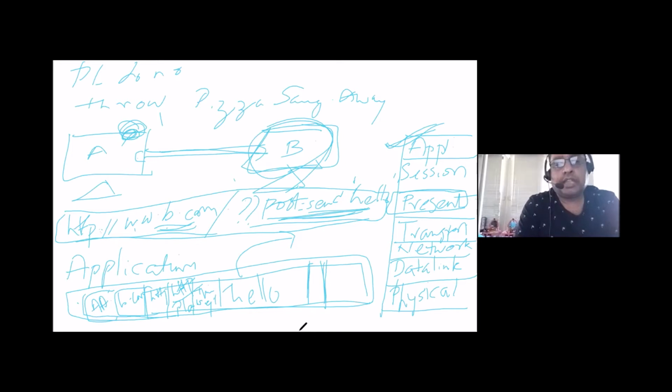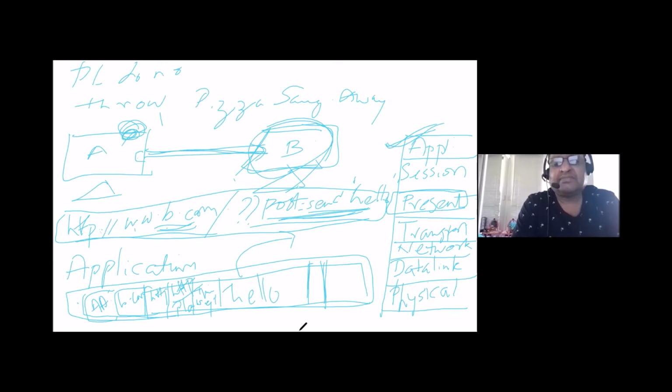So from sender A, a packet goes from the application layer through session, presentation, transport, network, data link, physical, and all the way to B. Once it reaches B, what is the first layer that it encounters?